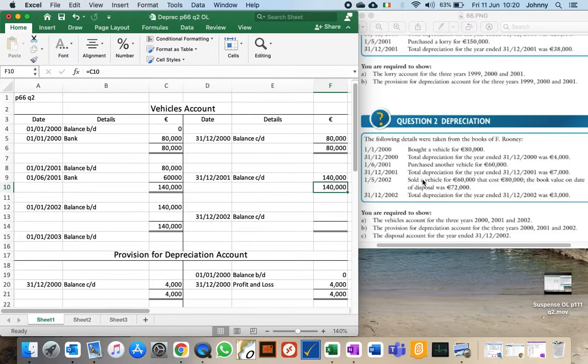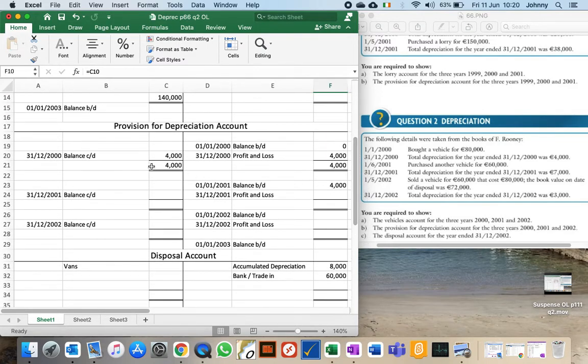Okay, next one. Total depreciation for the second year. So now we're looking at the depreciation again, so that's going to the provision for depreciation account. Depreciation for the year was 7,000, so I'll put that in. It doesn't say anything about me selling a vehicle, so if I add these two numbers together, that gives me the total balance that should be in this account.